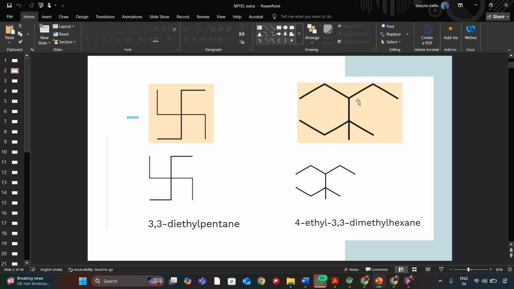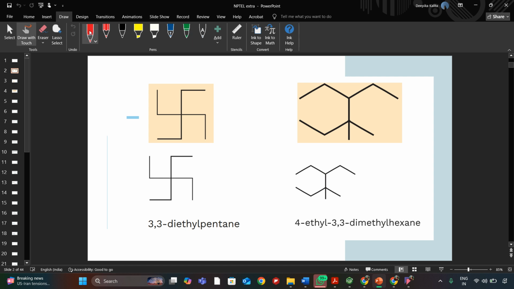So, the longest chain out of all the possibilities will be this particular one. If we figure out the number of possibilities, this will be one possibility which will have 5 carbon atoms.